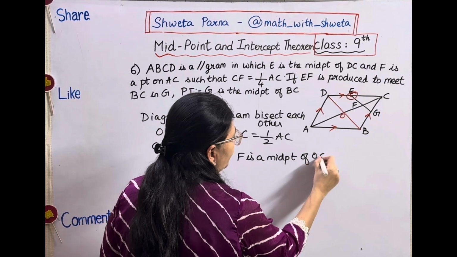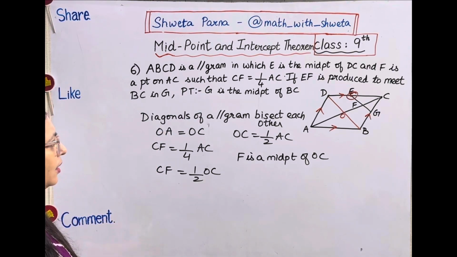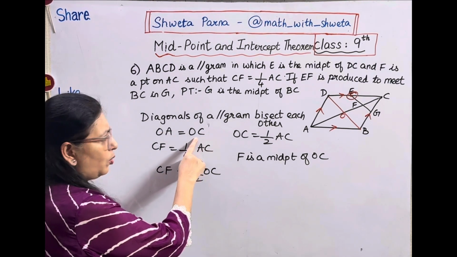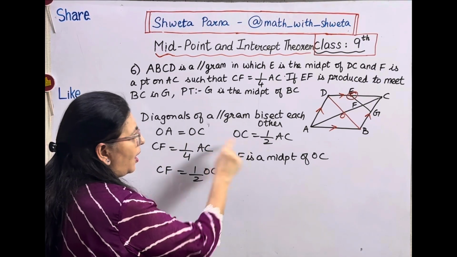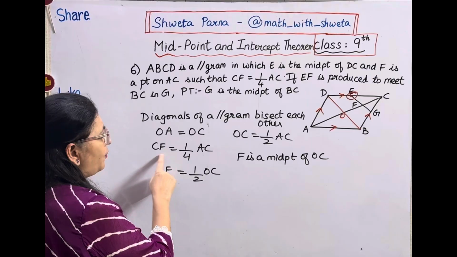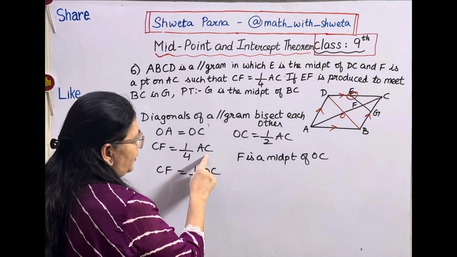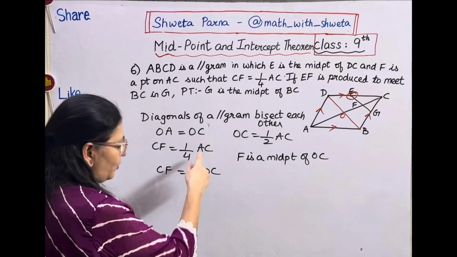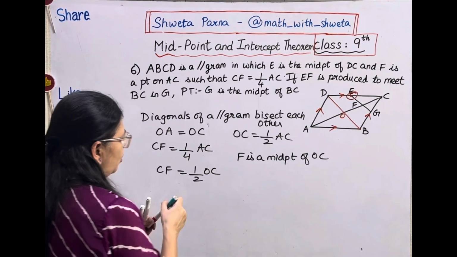What does it mean? If CF is half of OC, it means that F is a midpoint of OC. Is this part clear? Are you able to link this? See here, OA is equal to OC, but OC is half of AC. In the question they have given that CF is 1/4 of AC. 1/4 of AC means half of OC. You want me to show this? I will show you this step.